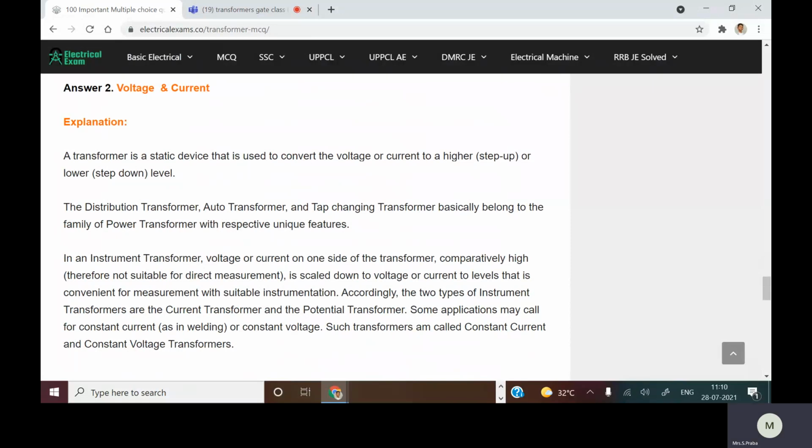Then in an instrument transformer, voltage and current on one side of the transformer are comparatively high. So what does the transformer transform? A transformer transforms voltage and current. A voltage transformer is known as a potential transformer. A transformer that transforms the current is known as a current transformer.